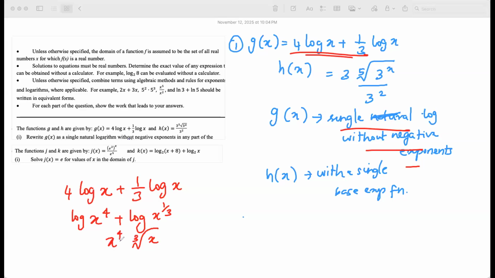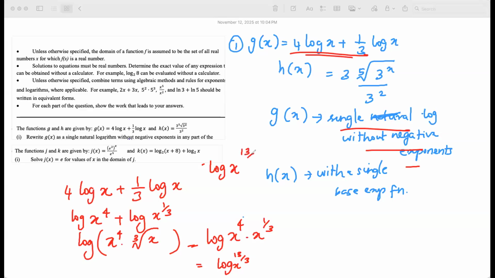So x power of 4 times cube root of x, log outside. Now I can add 4 and 1 by 3, which gives 13 over 3. So log x power 13 over 3.